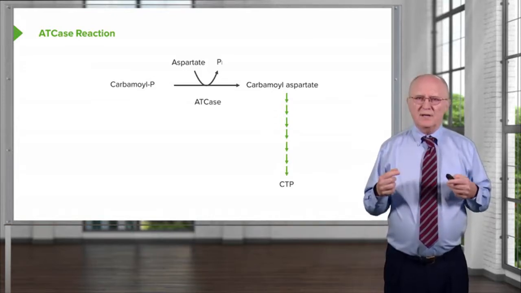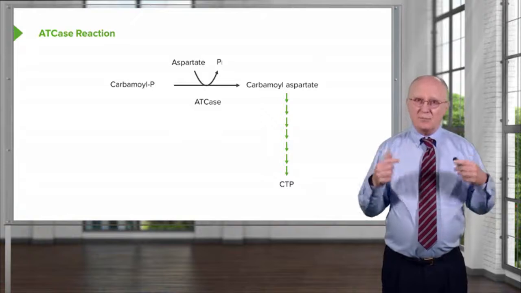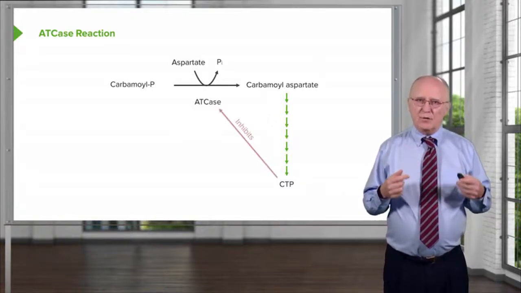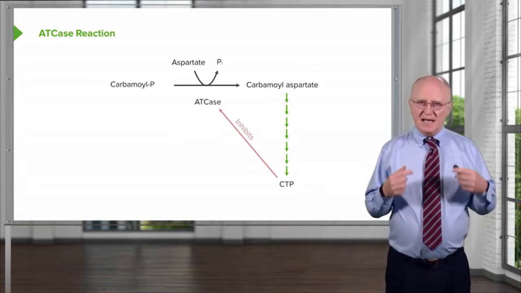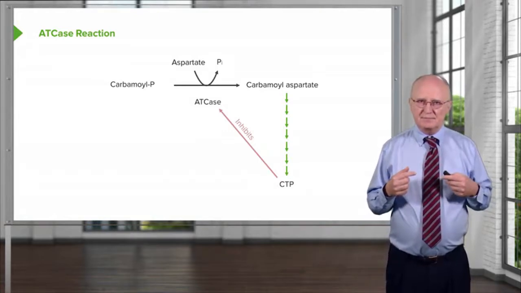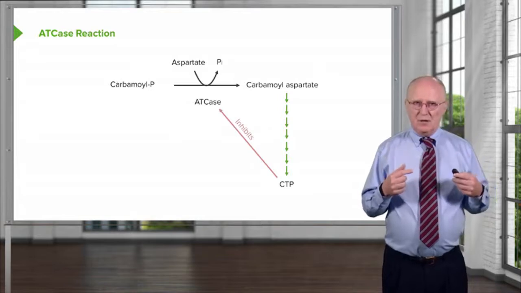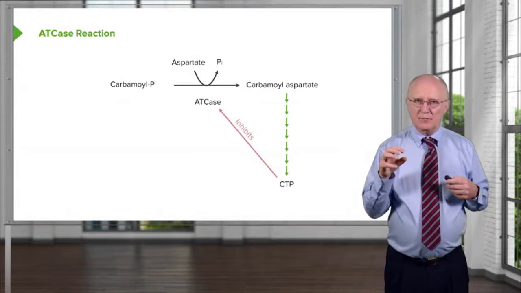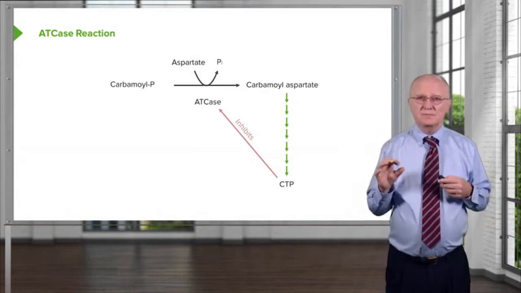Now, what's important here is CTP is what we call the end product of the pathway. CTP has an important function here. It inhibits the action of ATCase. This inhibition of an end product of a pathway, inhibiting an enzyme early in the pathway, is known as feedback inhibition.